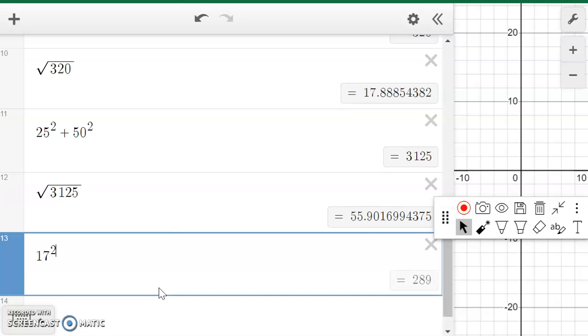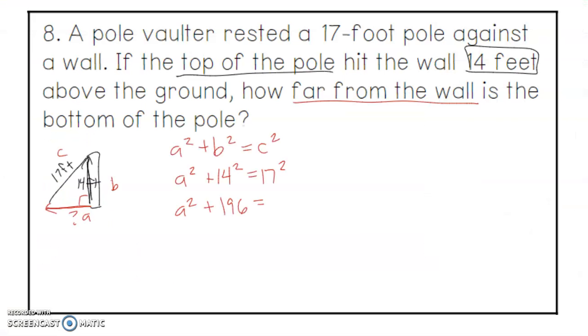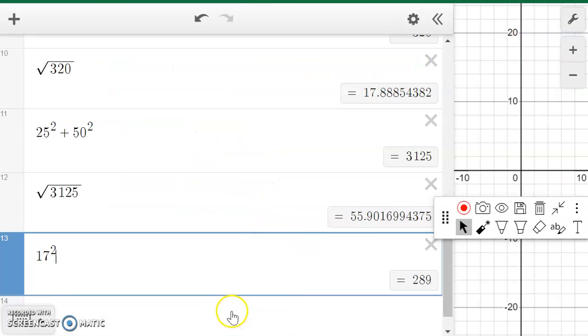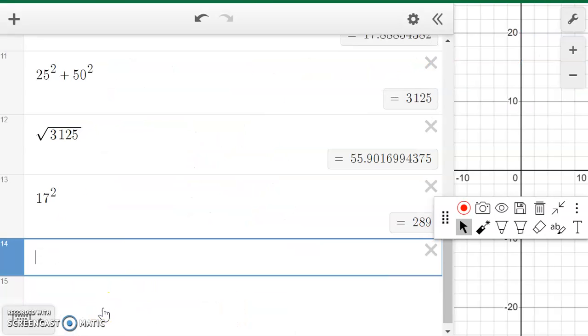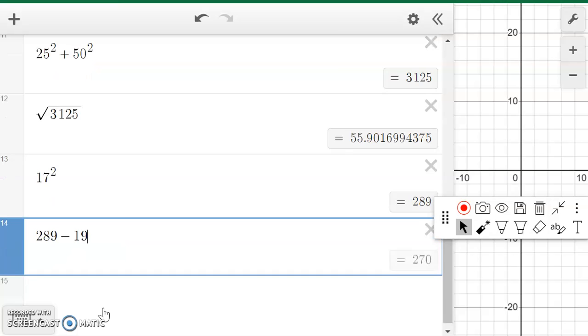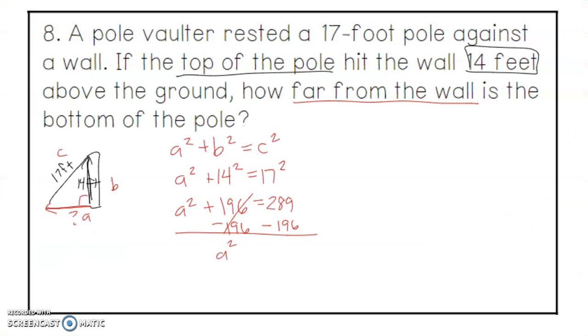So 17 squared, 289. I need a squared alone, so subtract what's with it. So I get a squared equals 289 minus 196, 93.